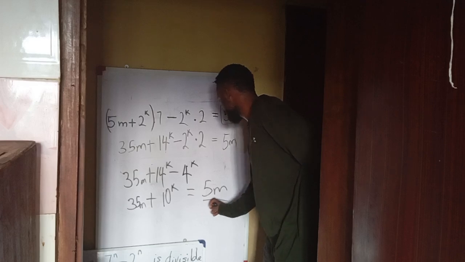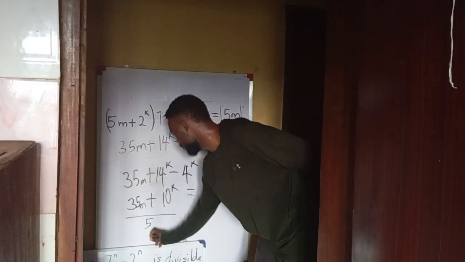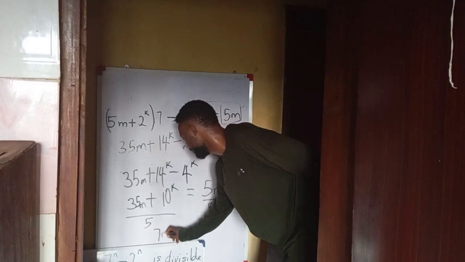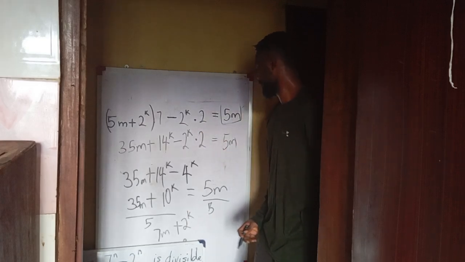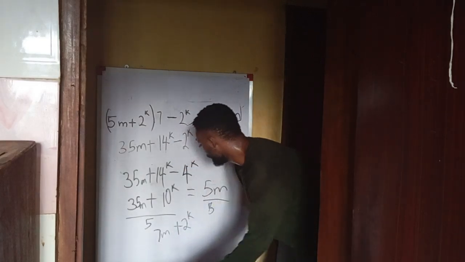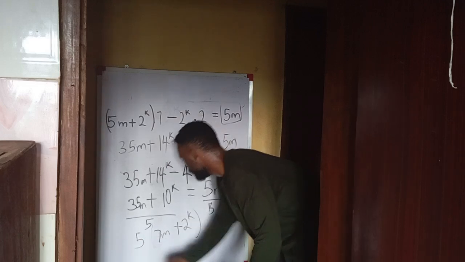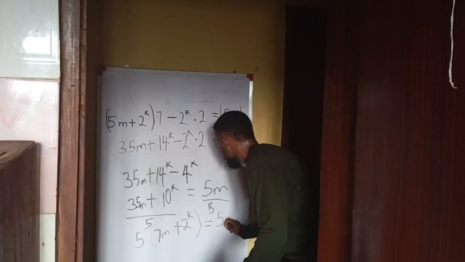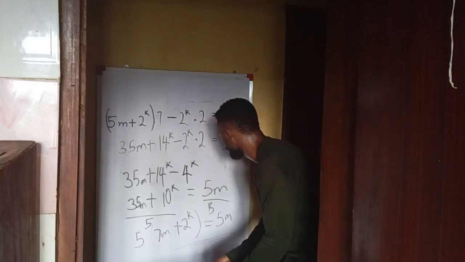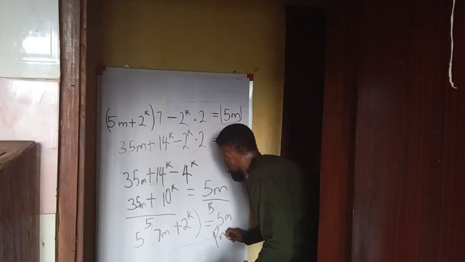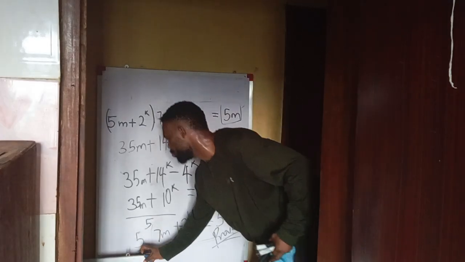If I divide this by 5, 5 goes here, you have 7n. 5 goes here, you have plus 2 raised to power k. Which means that everything we have down here is the same thing as saying 5 into this equals 5n. So hence we've proved it.